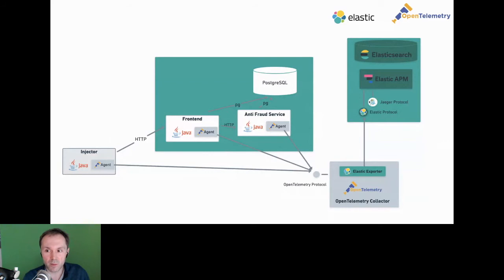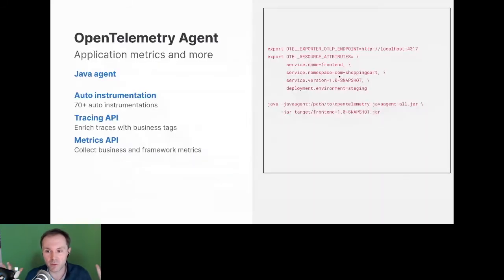So this is my OpenTelemetry collector, and it runs on my box. And then I have to give details about my application name, its version, the environment, staging for example, and a namespace, which is a way in OpenTelemetry to group applications and services together for better, simplified observability. So you see, it's a simple way to instrument my application, very turnkey.